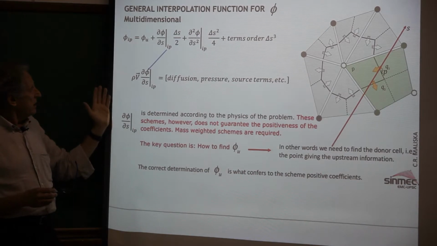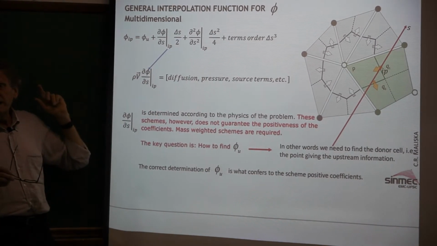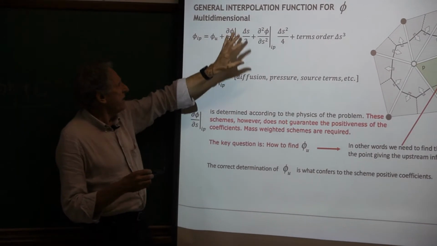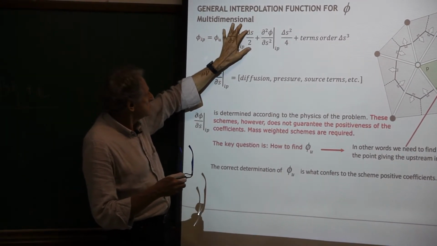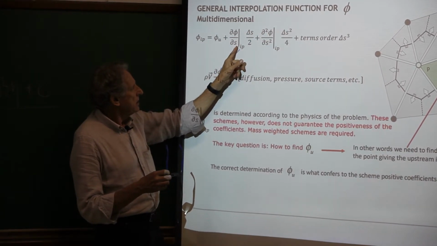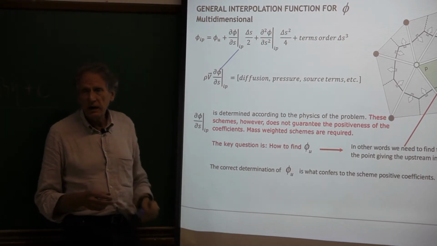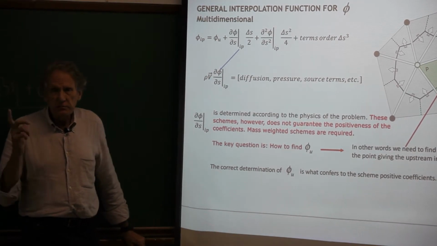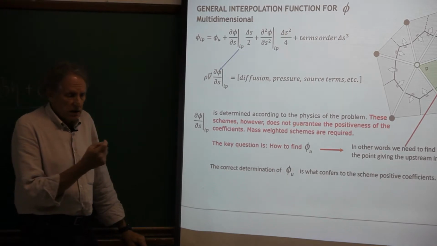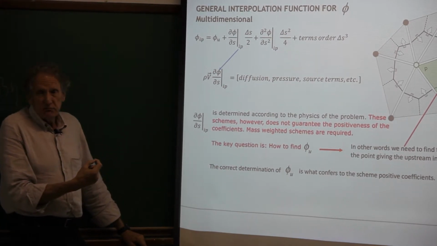And then you can now find ways. Because if you put everything here to 0, this is 0, and this is 0, you are just doing a pure upwind, right? You are saying that the phi at the integration point is the phi upstream.